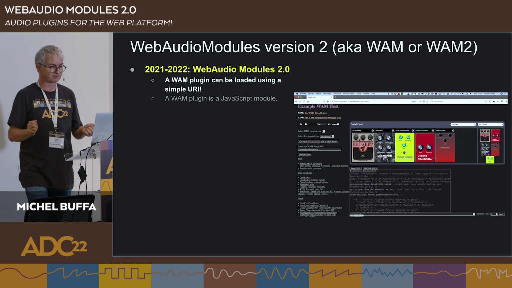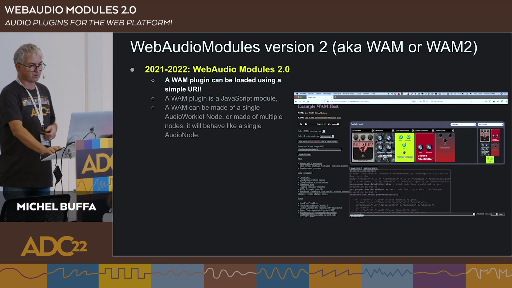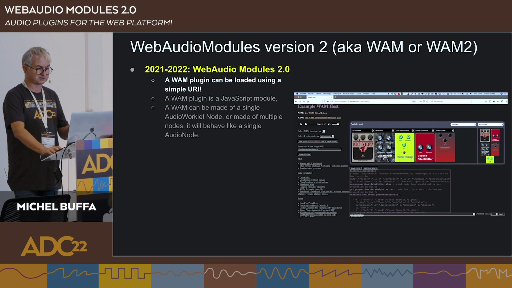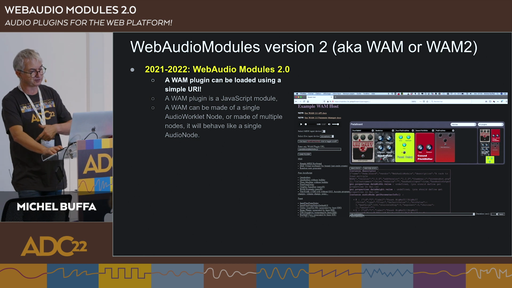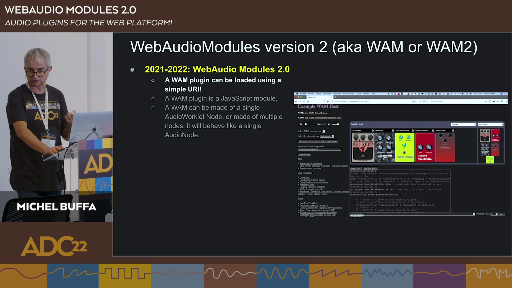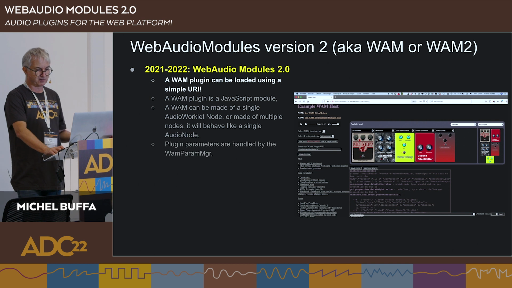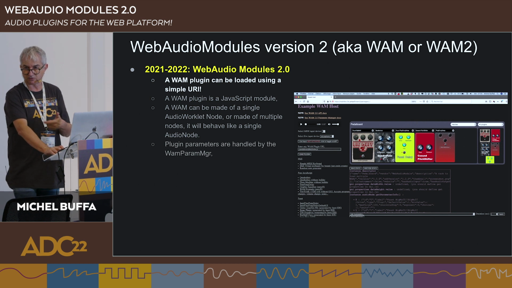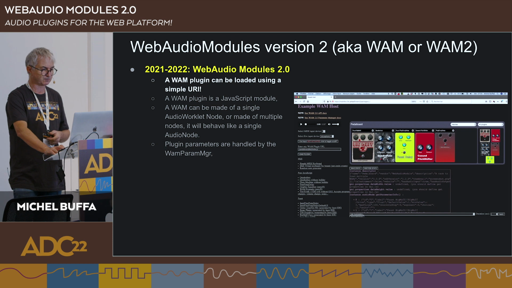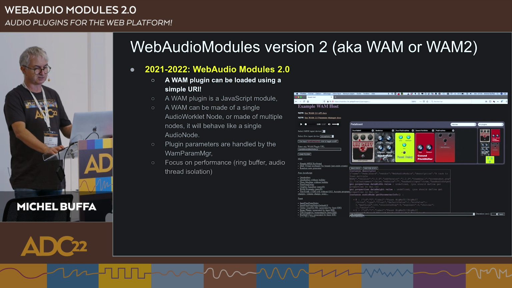So a WAM, as I said, can be made of a single AudioWorklet node or made of multiple nodes, so you can have very hybrid approaches. Plugin parameters are handled by something called the ParamMgr for the automation. And with performance in mind, ring buffer, audio thread isolation, and so on.